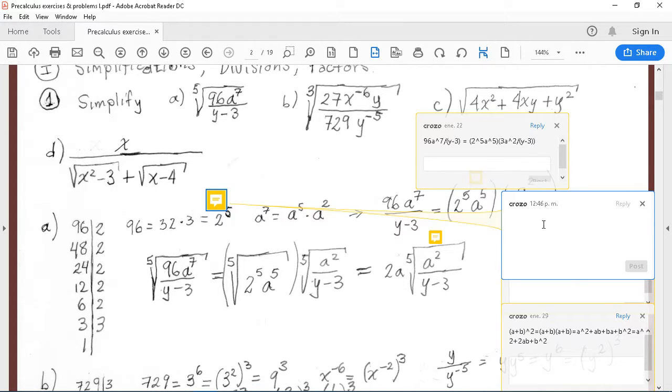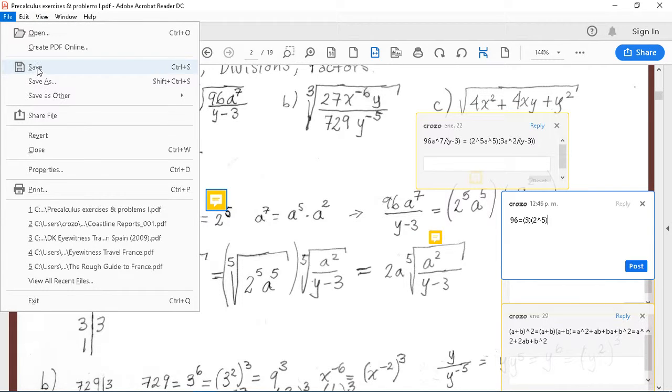So we're going to correct that here. 96 equals 2 to the fifth power times 3.